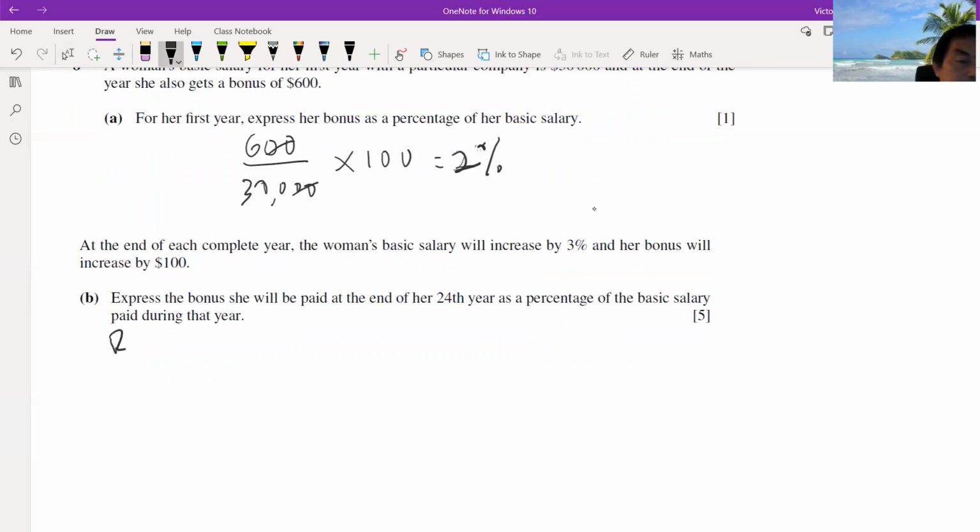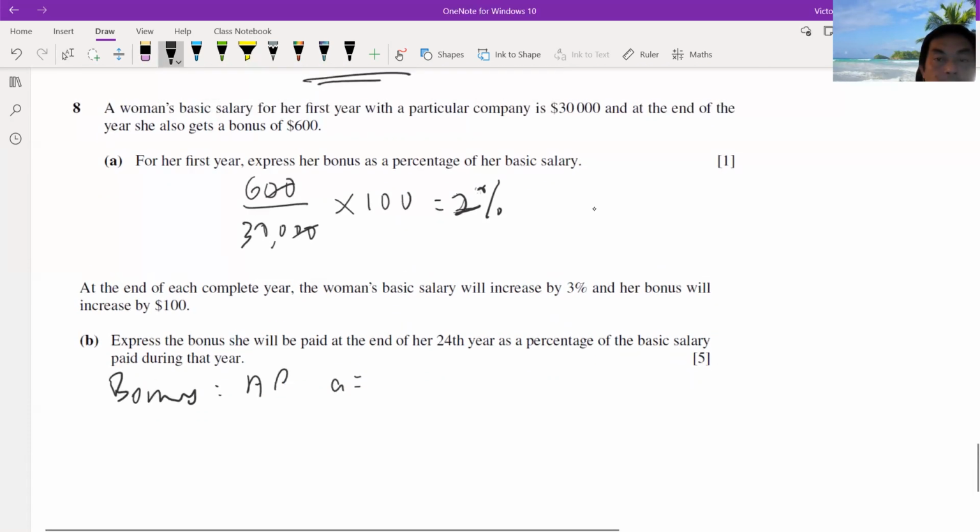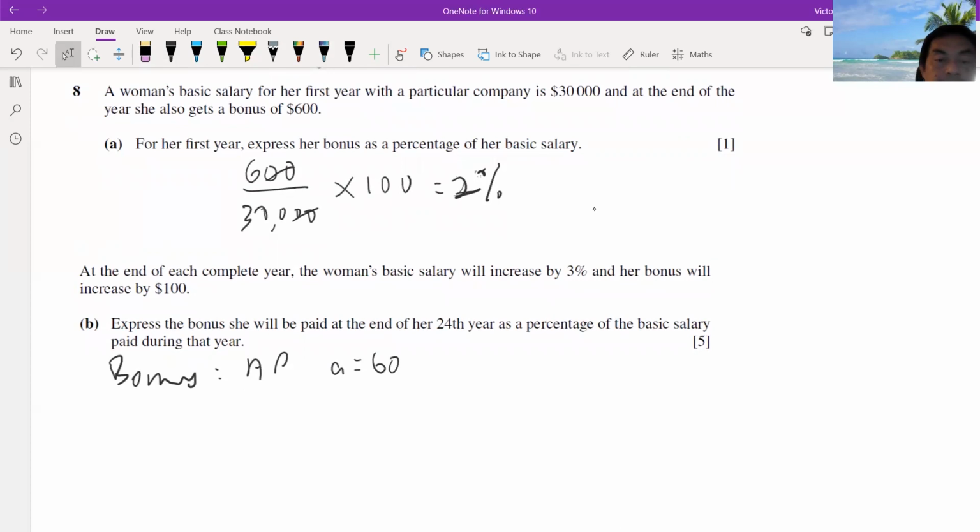So your bonus is an AP with first term 600, difference 100, and you're finding the 24th term. So this will be 2,900.